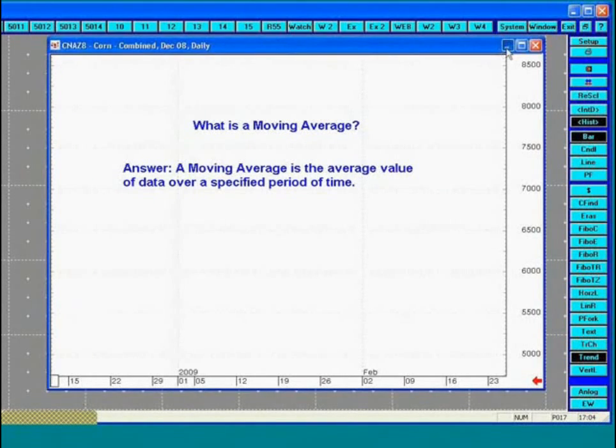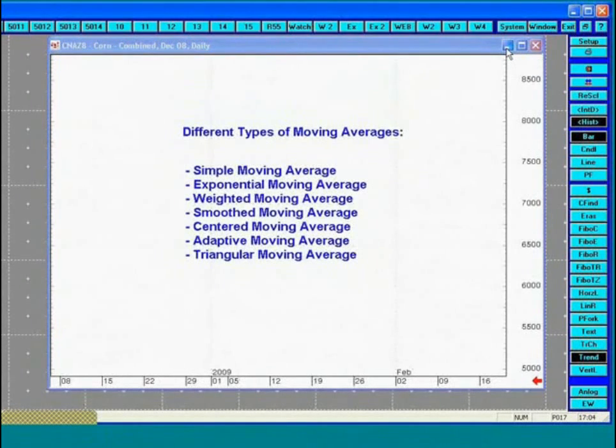Now, what are some of the most common types of moving averages? Well, there are a lot of different types of moving averages, many different calculations. You have the simple moving average, which I'm sure everyone is familiar with, the exponential moving average, the weighted moving average, something called a smoothed moving average, centered moving average, an adaptive moving average, and a triangular moving average.